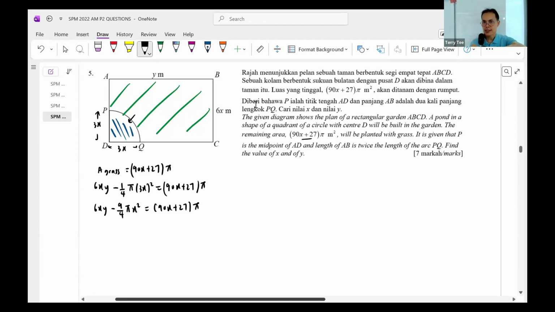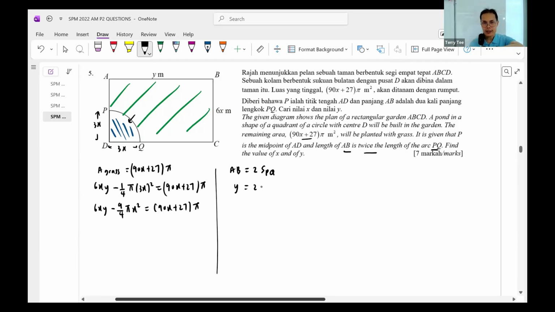Your second equation is what? They say the length of AB is twice the length of arc PQ. AB is twice arc PQ. Length of AB is y. For the length of arc PQ, we don't need to use s equals r theta.